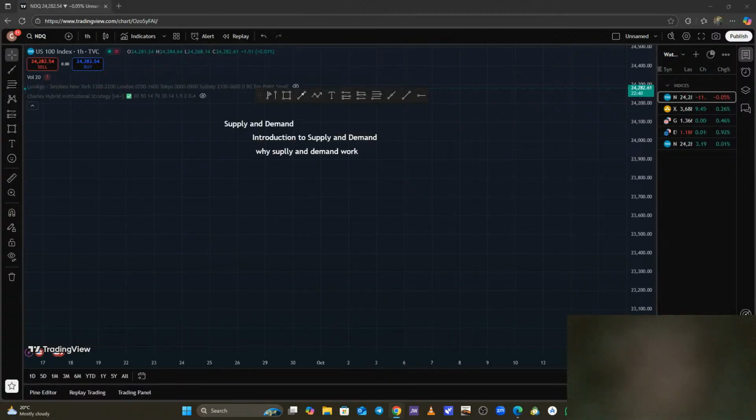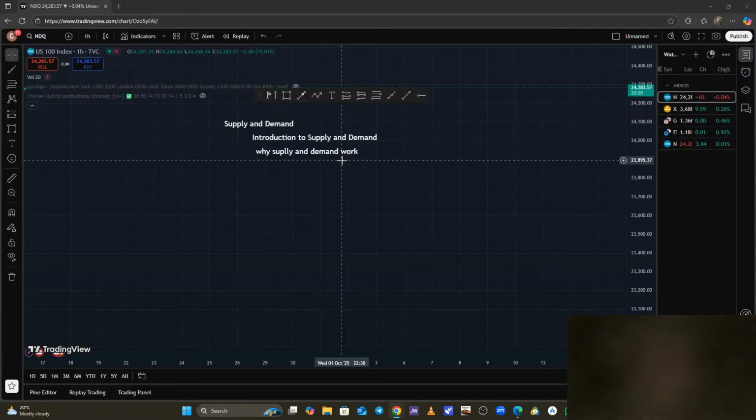So the second part we need to talk about is how to trade this supply and demand and what influences supply and demand. Now, before we talk about how to trade them, we need to talk about one thing here: market structure.